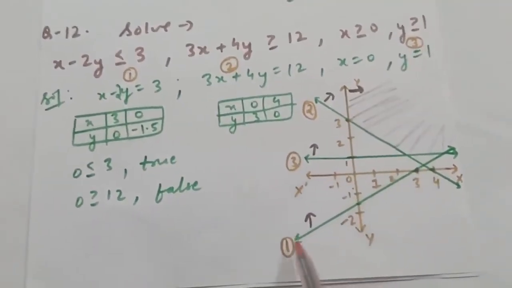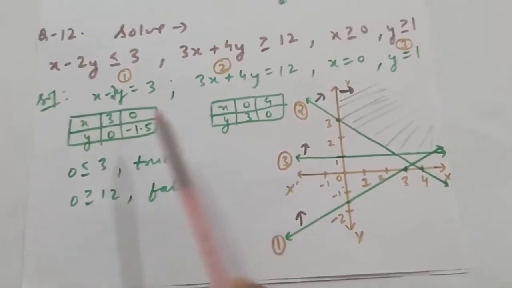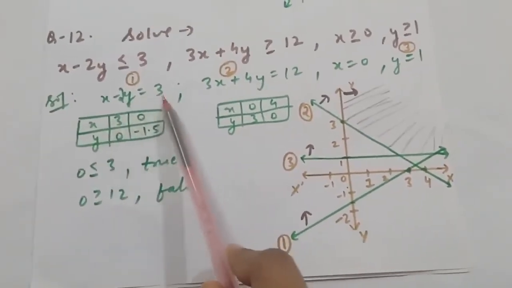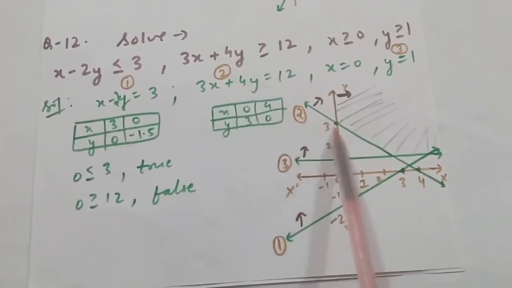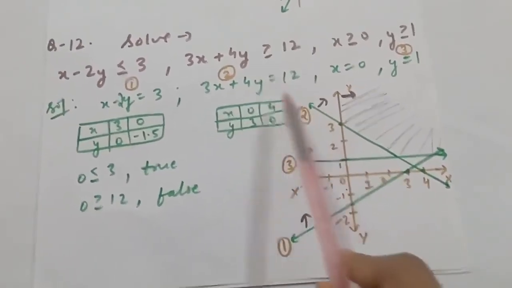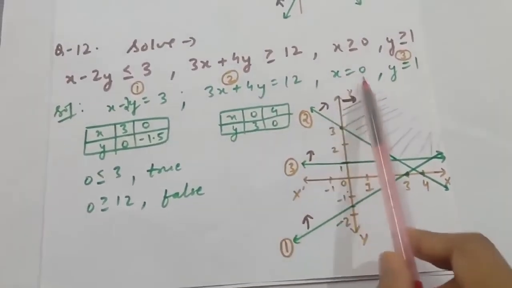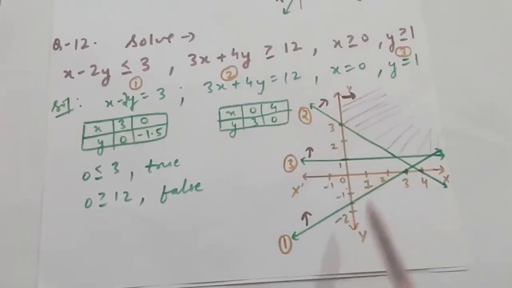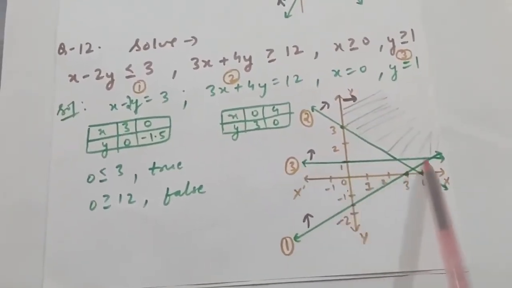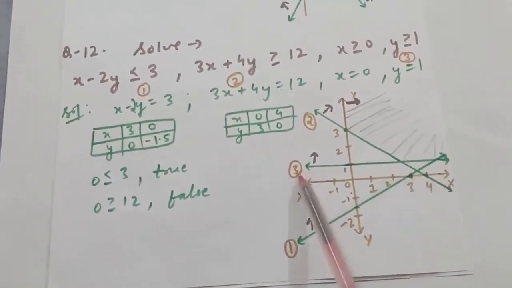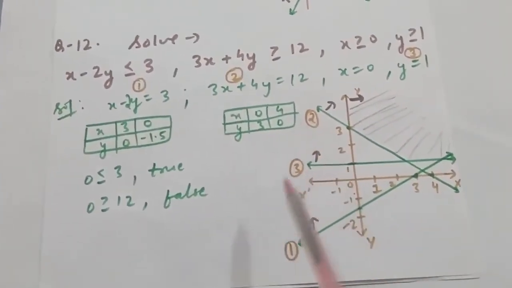So now this is the graph of the first equation, which is x minus 2y equal to 3. Now second, this is the graph of the line 3x plus 4y equal to 12. x equal to 0 is the y-axis and y equal to 1 is this line, right? Because we are not writing the equation, that's why we have numbered them 1, 2, 3 and so on.